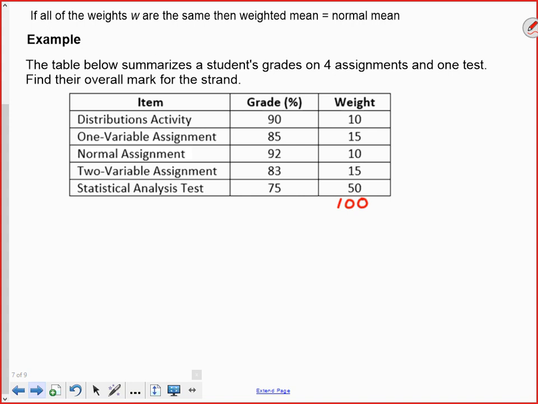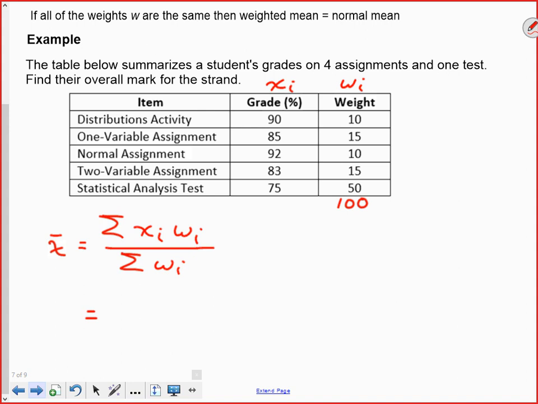So these grades here are our values, and these weights, of course, are our weights. So let's figure out the weighted mean here. It's going to be the sum of all. We're going to take each value, multiply it by its weight, and then divide by the sum of all of those weights.